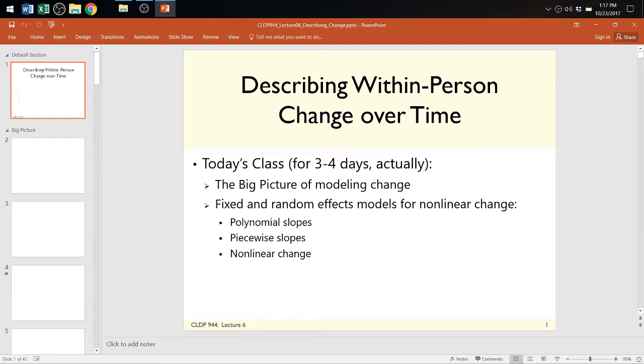Do you know what I'm asking? Maybe? Parallel, meaning no random slopes, random intercepts only. That's the only way that the variance will stay the same over time. If people change differently, they're going to spread out. They have to. They create non-parallel lines.